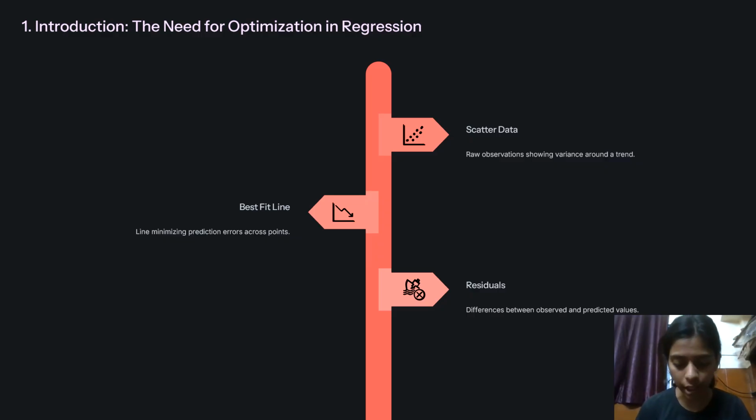Optimization in machine learning simply means we try to adjust our model parameters like slope and intercept so that the prediction errors are as small as possible. So in short, regression gives us the relationship between variables and optimization helps us make that relationship as accurate as possible.